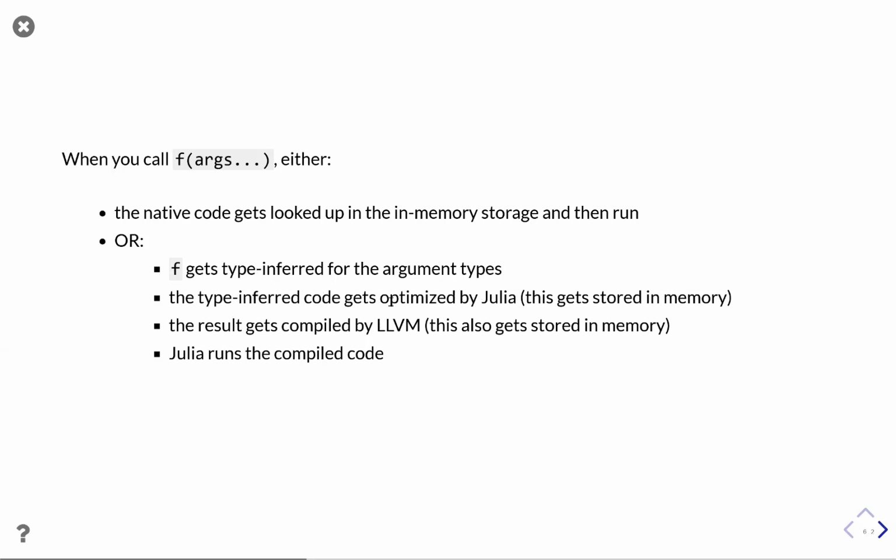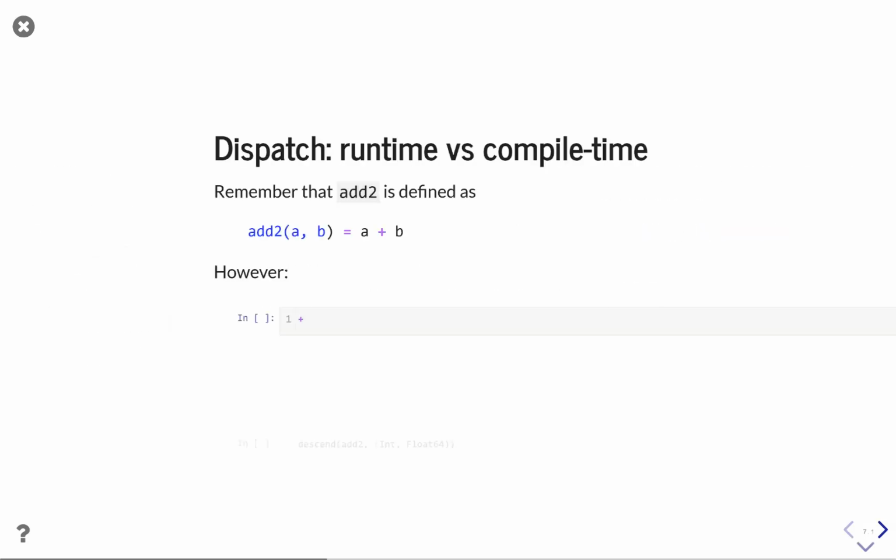The type inferred code gets further optimized by Julia, and then we pass the type inferred optimized code off to another compiler called LLVM. And LLVM generates the so-called native code, the actual code that runs on our specific CPU on our particular machine. And then once all of this compilation is done, Julia will run your compiled code.